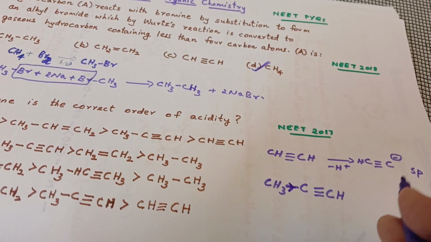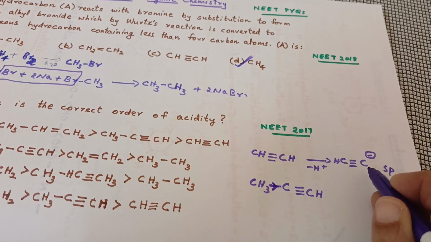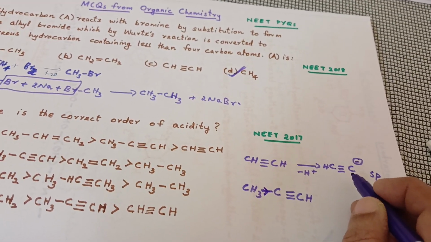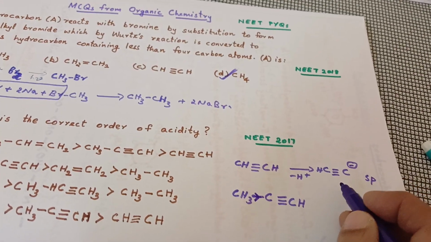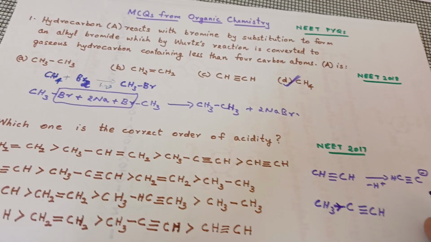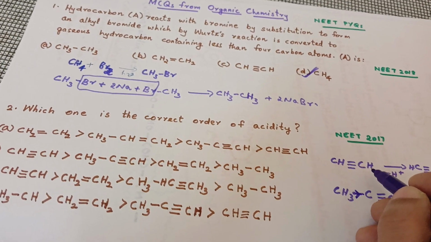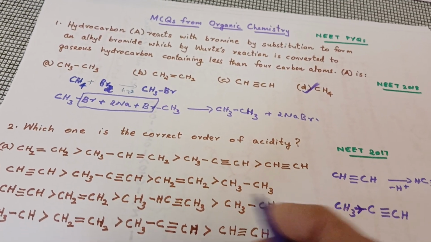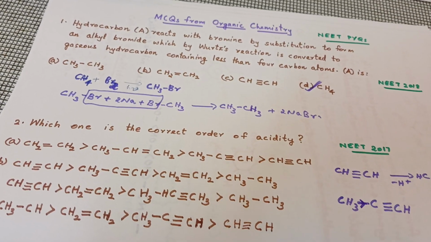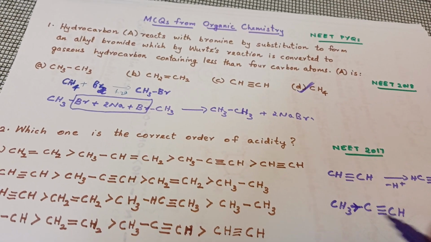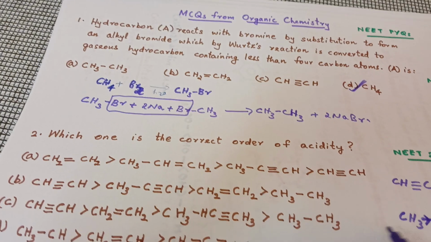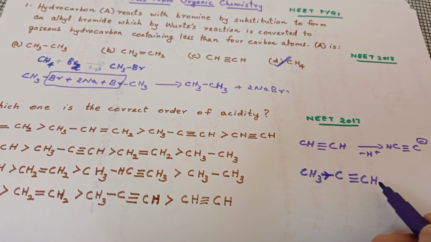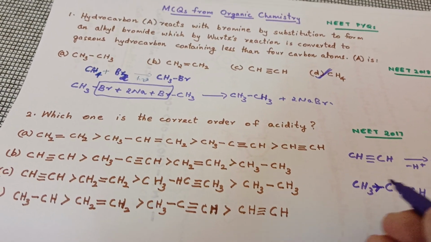So acidity is directly proportional to the electronegativity or the sp nature of the hybridization of the carbon concerned. So we can see that an alkyne, having a triple bond, will be more stable and more acidic than a double bonded one. And when there is a CH3 group attached to even a triple bonded carbon, the acidity will decrease.